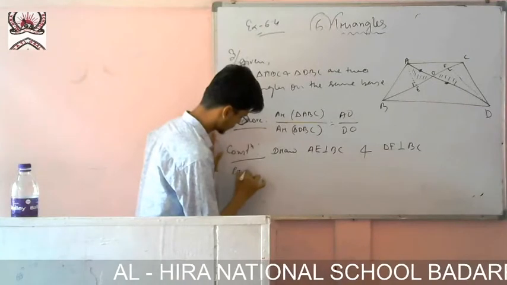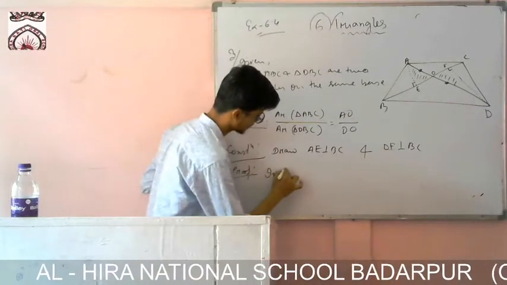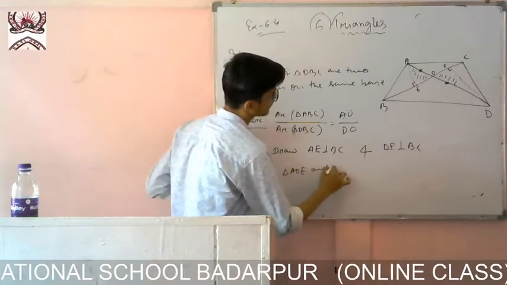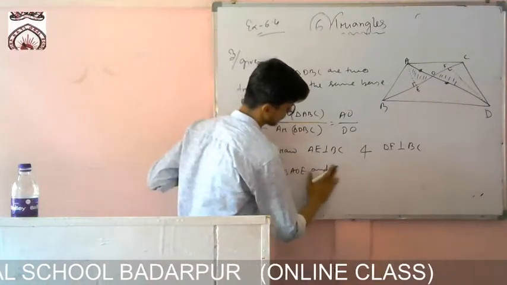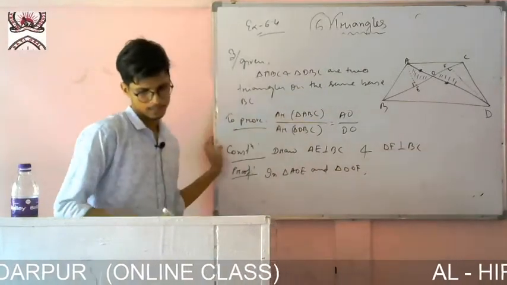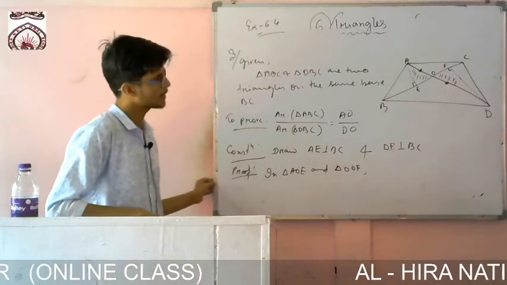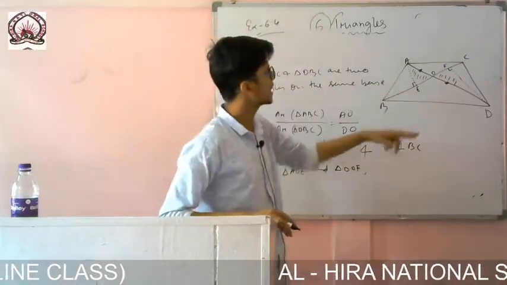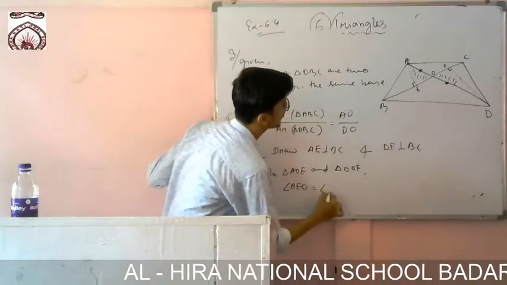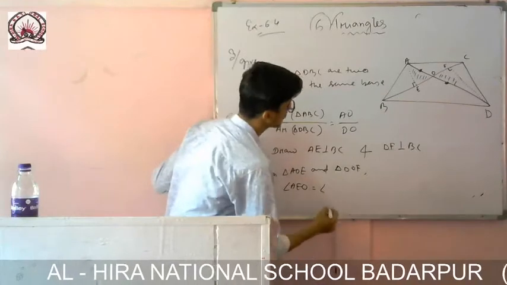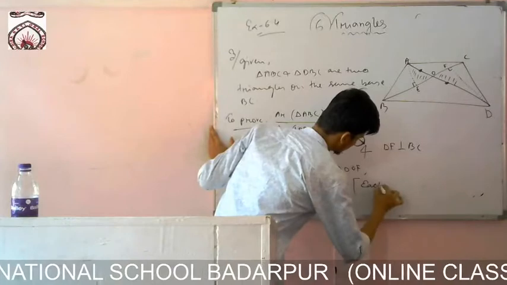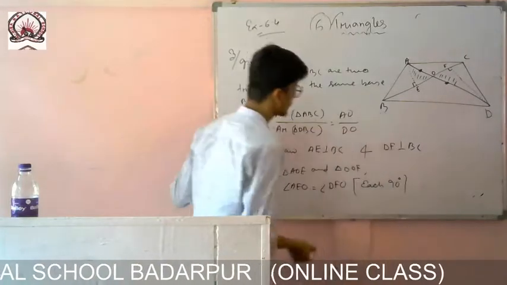Proof: in triangle AOE and triangle DOF, what do we have? We have this angle 90 degrees. Angle AEO equals angle DFO, and the reason is each is 90 degrees, perpendicular.